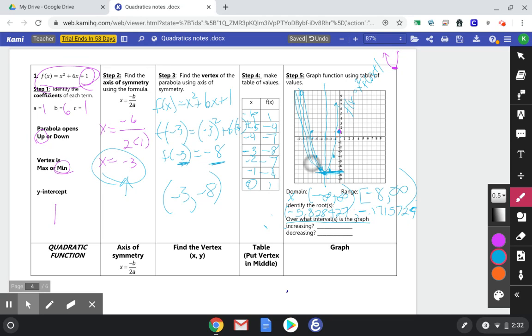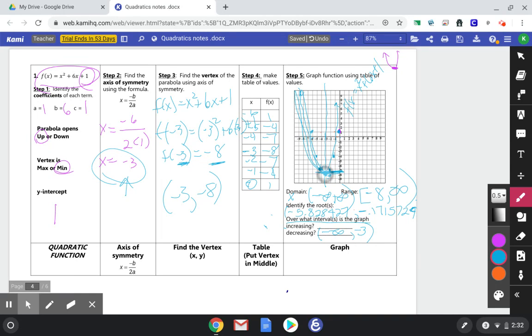That means that it's decreasing. So the interval for decreasing is going from negative infinity until it gets to this point. And remember, this point right here is negative 3. So it's decreasing from negative infinity to negative 3.